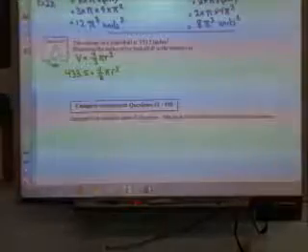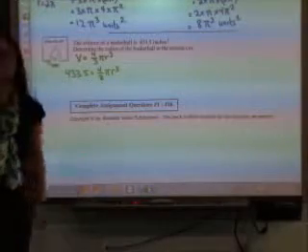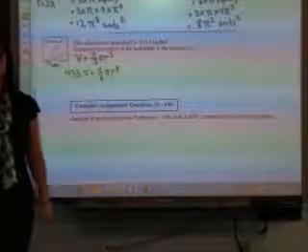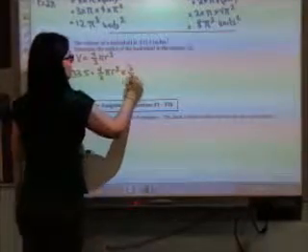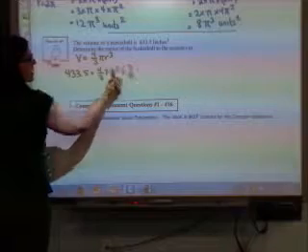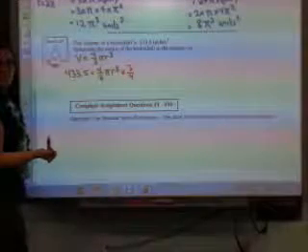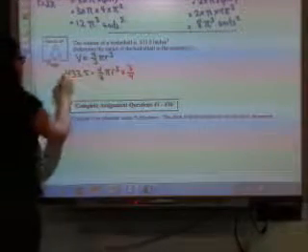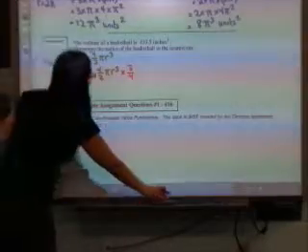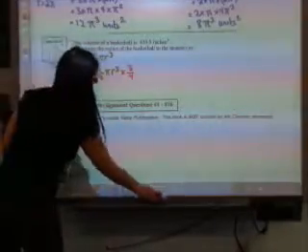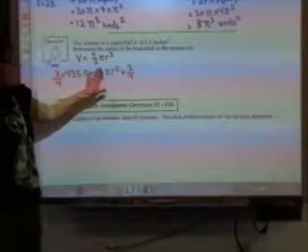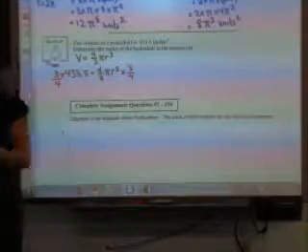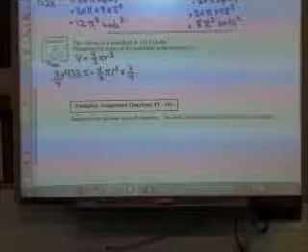So to get r by itself, I first of all need to get rid of 4/3. Multiply by 3/4. Because when I multiply by the reciprocal, I get 12 over 12, which equals 1. Okay? So I multiply by 3/4. So that's going to leave me with pi r cubed.